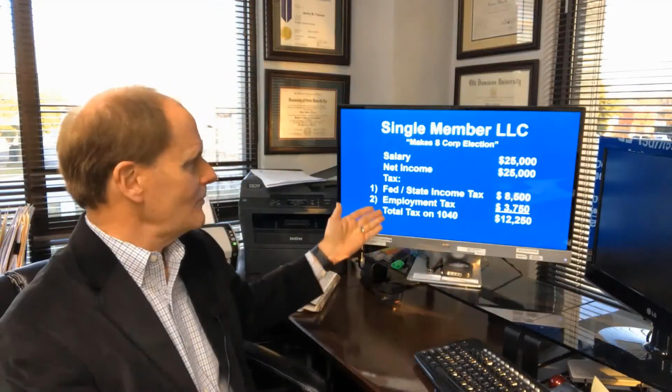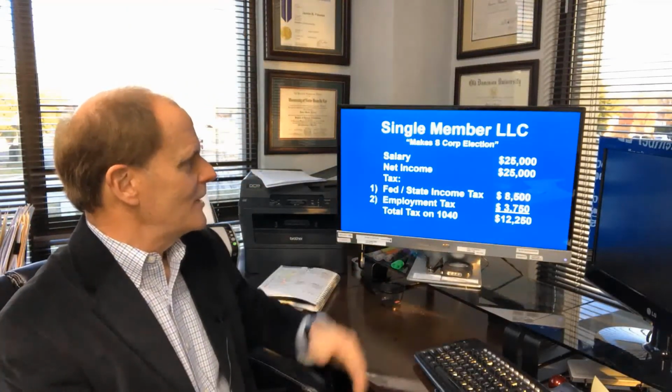But if you elect to file as an S Corp, as your tax classification, then you can really do something creative in terms of reducing your taxes, specifically the self-employment tax. Example, let's say you had that $50,000 net income that I went through earlier.